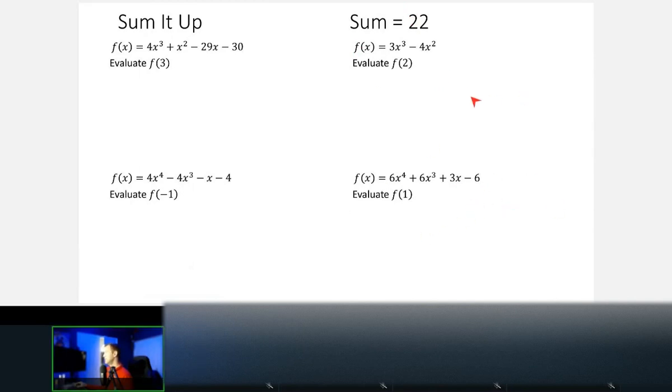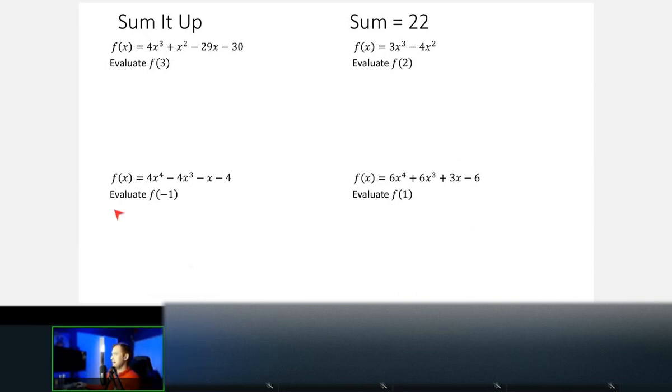I would agree. They add up to 17. So this answer and this answer add up to 17. So we talked about these two answers add up to 8. These two answers add up to 17. So that should help you narrow down which one your mistake is in, right?